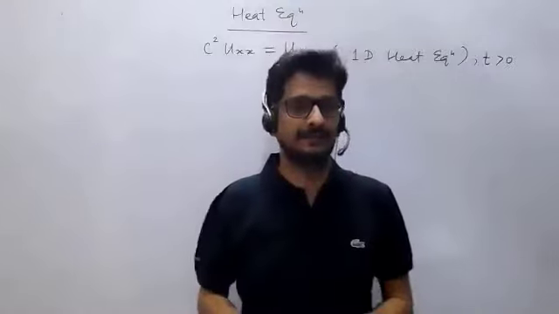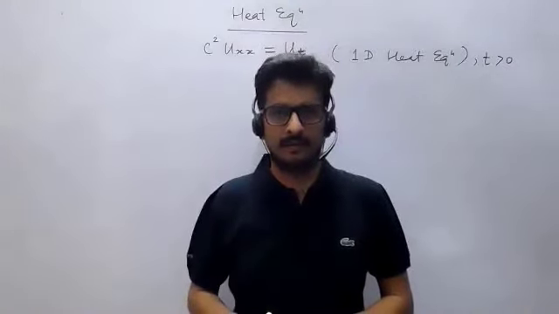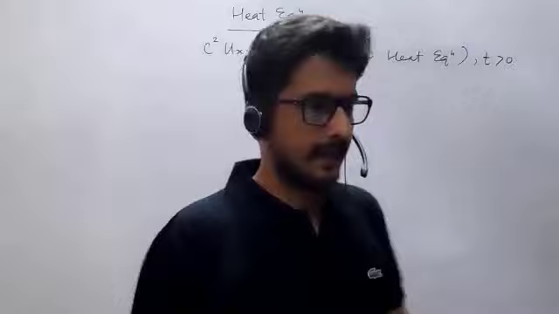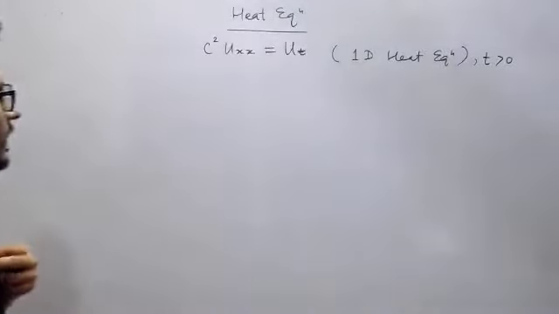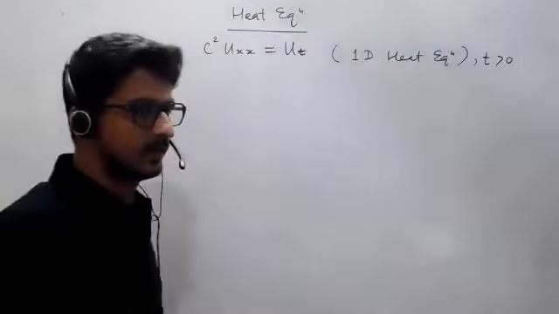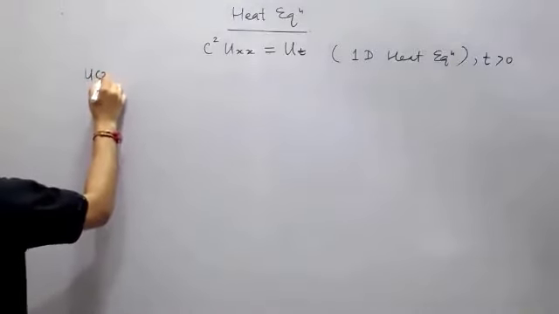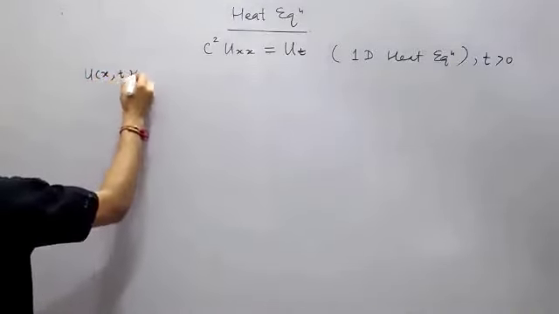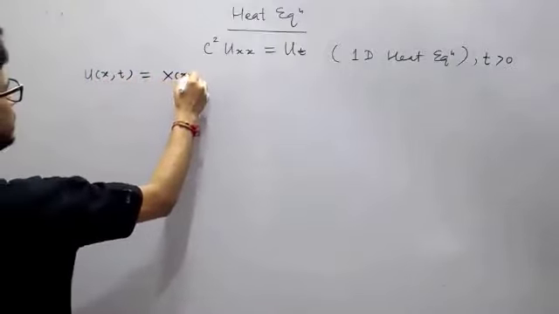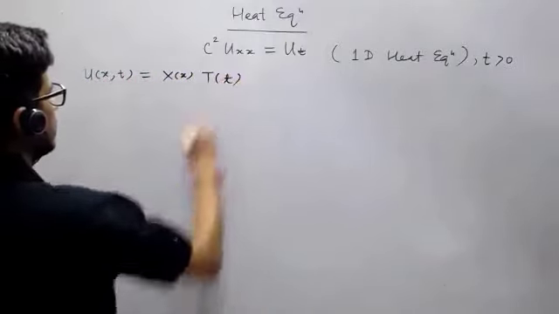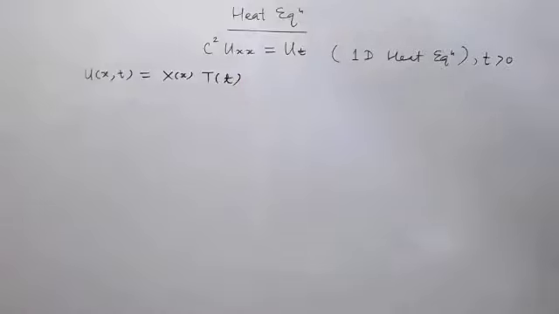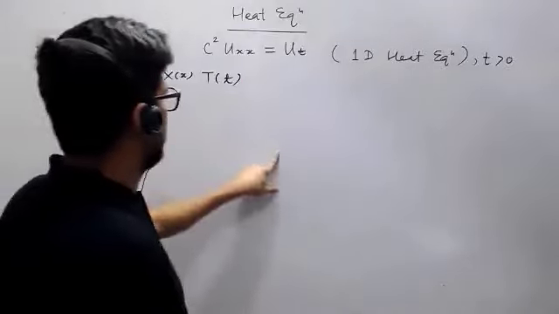What is the technique? It is the variable separable technique. Let us try to solve this equation. So what I will take, u of x comma t is equal to capital X into capital T. Correct? This is the variable separable technique.